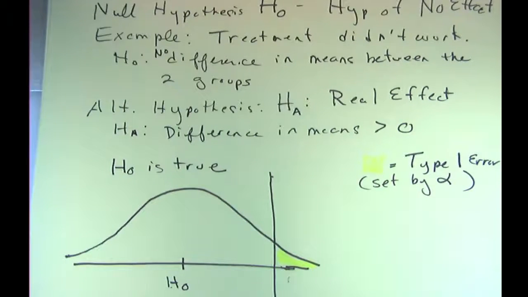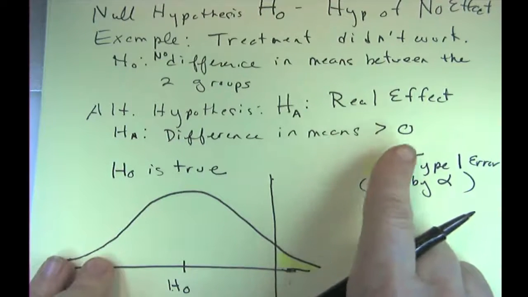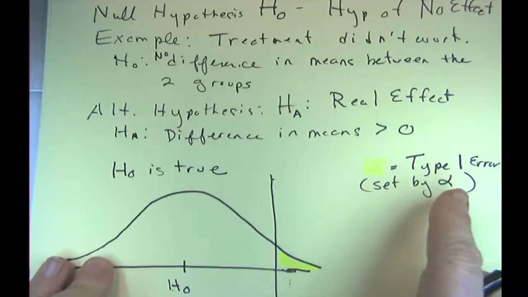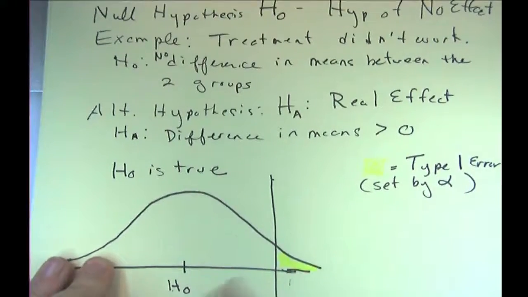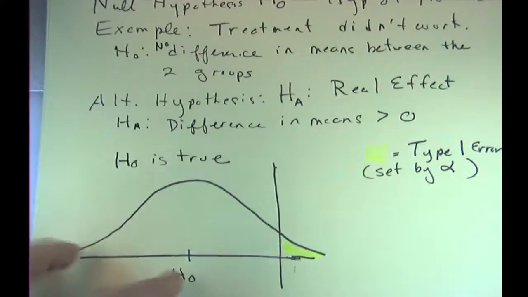To not detect the difference is called a type 2 error. So to calculate that, we have to pick a particular alternative. So let's think about our example with this group of 300 students in this class, and half of you got the drug and half of you got the placebo.